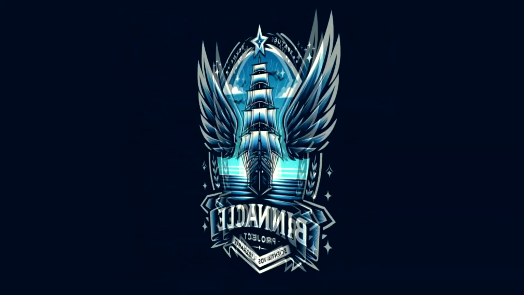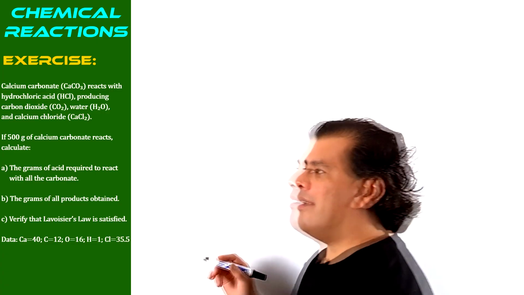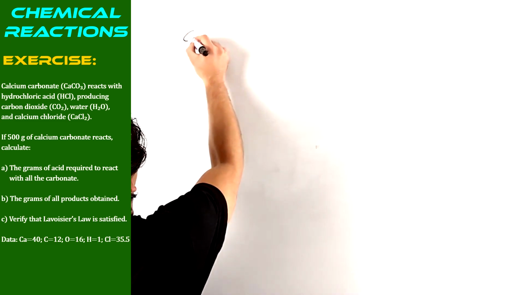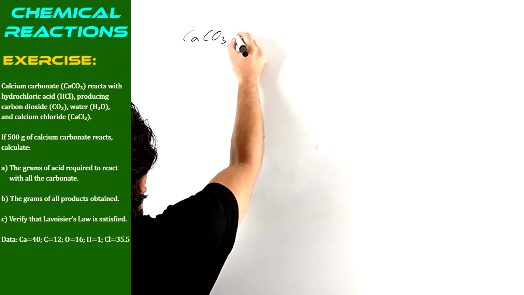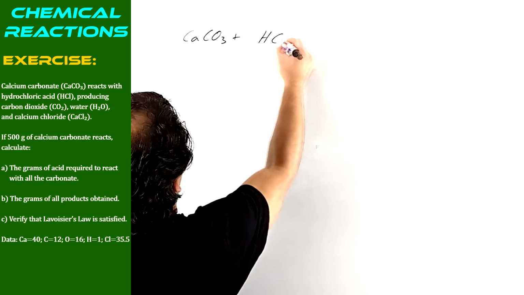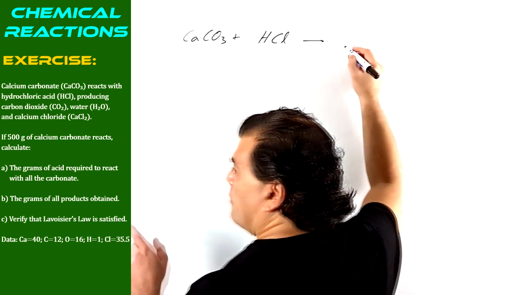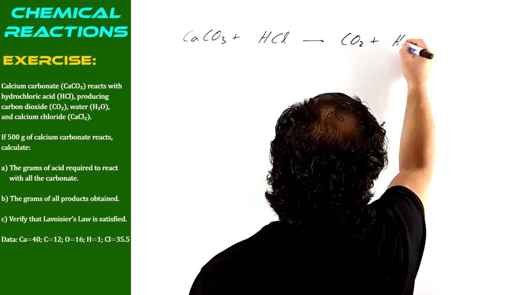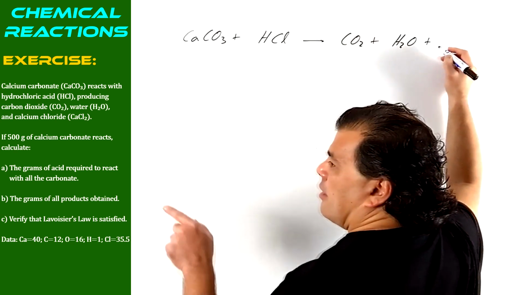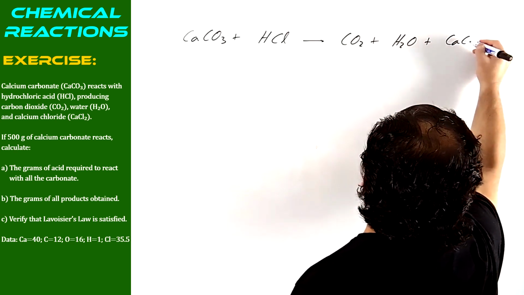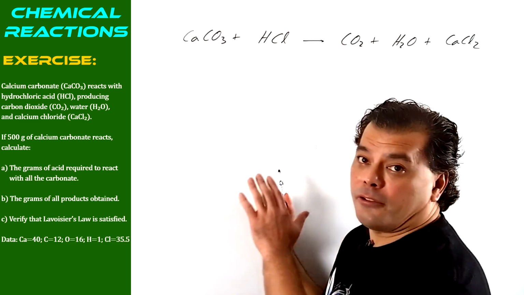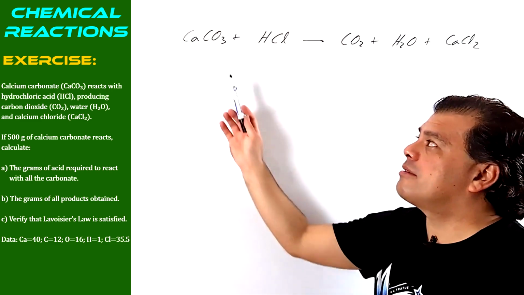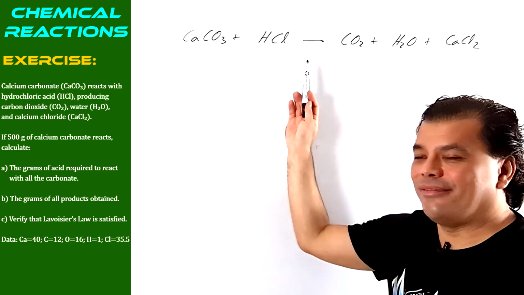Binnacle project. It says that calcium carbonate reacts with hydrogen chloride in order to form carbon dioxide, water, and calcium chloride. And the first thing we're going to do, of course, is to balance the equation.